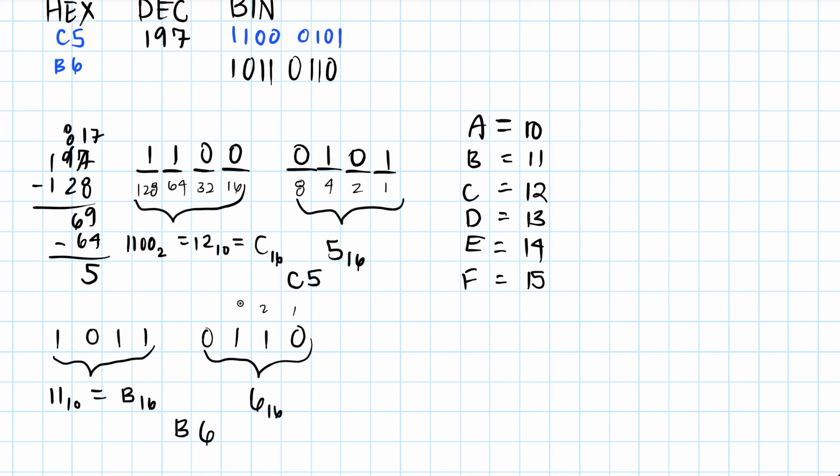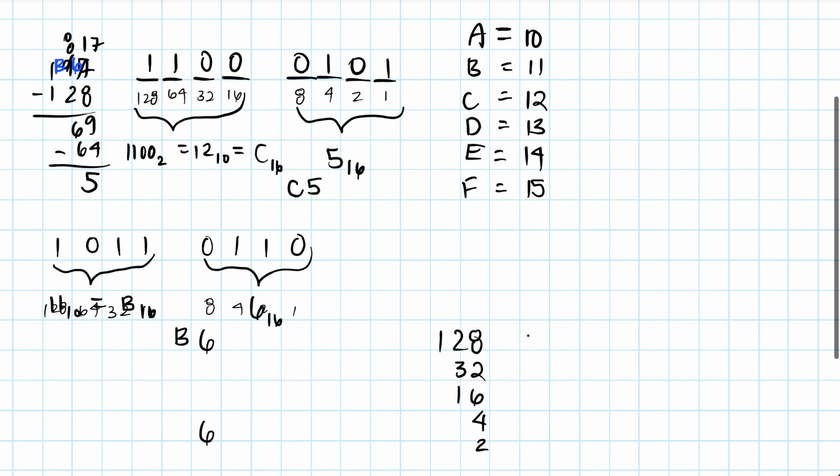So there's 1, 2, 4, 8, 16, 32, 64, 128. All of the ones are the values that we're going to add up. So we need to add up 128. We don't need to add a 64 because there's a 0 there. We're going to add 32. We're going to add 16, a 4, and a 2.